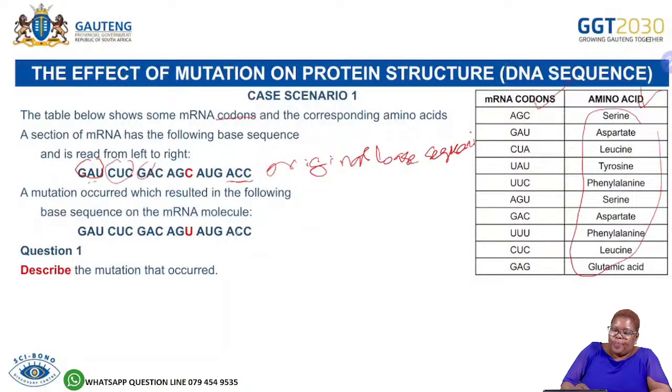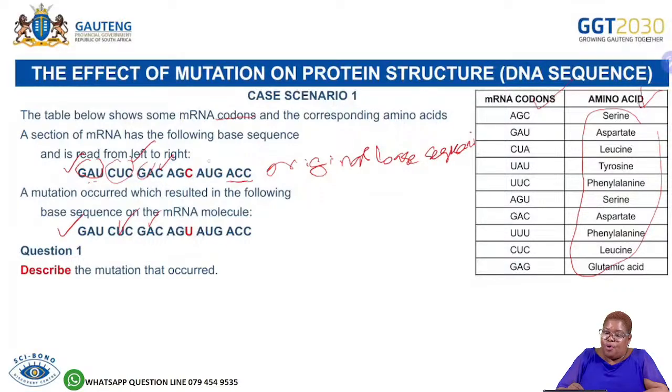Then you start to compare the original and the latest that was formed. You start with the first codon. Are they the same? Look at this one. GAU, GAU. They are the same, the original and when mutation has taken place. Compare the second codon. CUC, we've got CUC. They are the same. You are still safe. And then the third, GAC, GAC. They are still the same, isn't it?